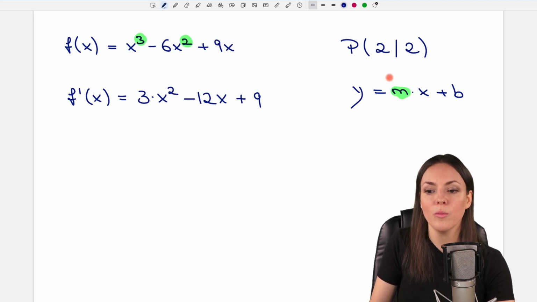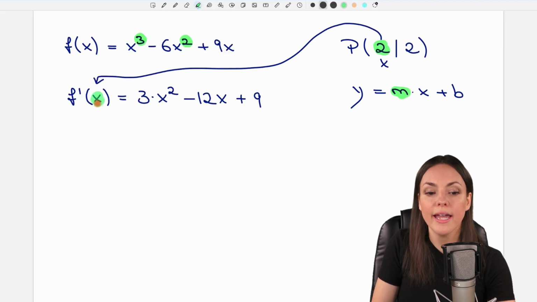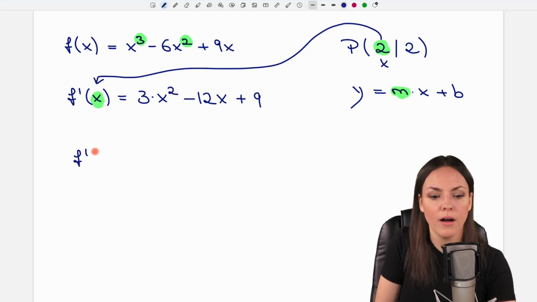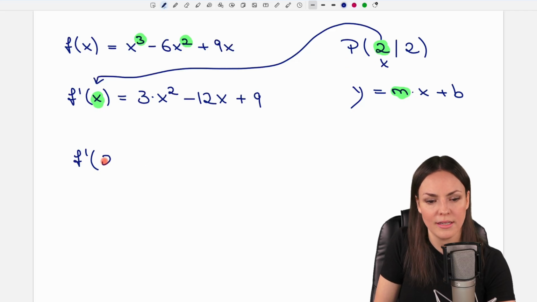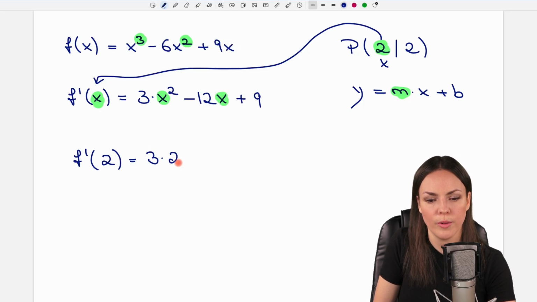And now we want to find the tangent line at this point here. So we need to take the x coordinate of our point and insert it into our derivative to be able to find the slope of our line at this special point. So f prime of 2 in this case. For every x we have in here, we insert 2. We have 3 times 2 to the power of 2 minus 12 times 2 and plus the 9.